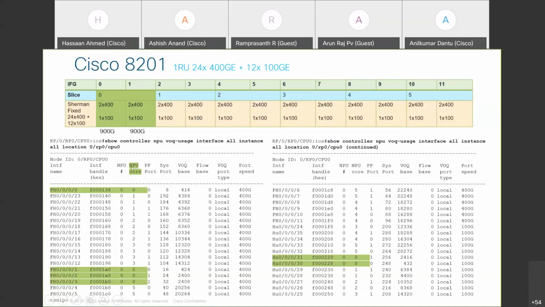Then, based on the core, NPU core is nothing but your slice. Now you have 6 slices on the NPU on the fixed system. So the core number will change from 0, 1, 2, 3, 4, and 5. So you will have 6 slices, and each slice will have 2 interface groups, 0 and 1. So that's how you read this info.